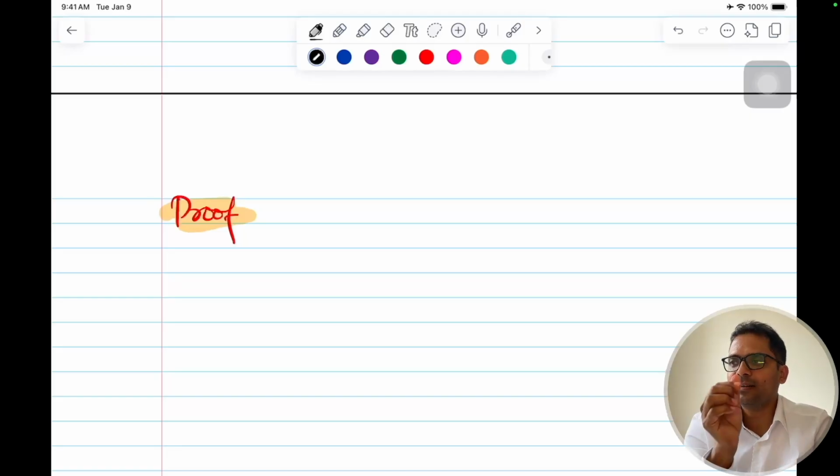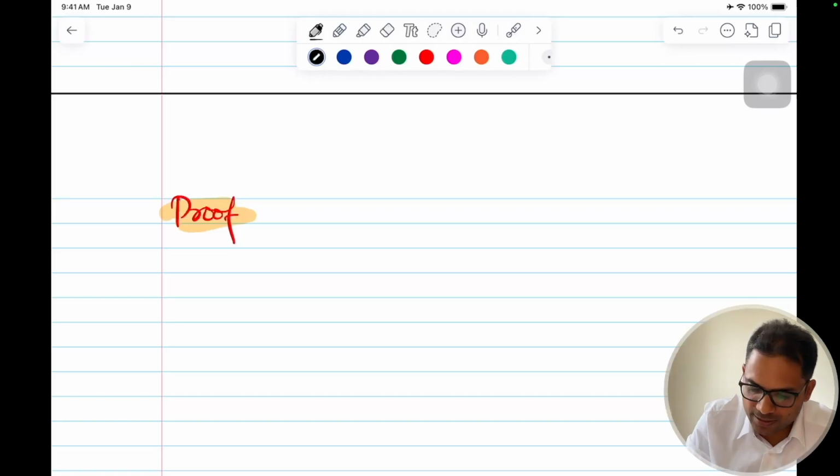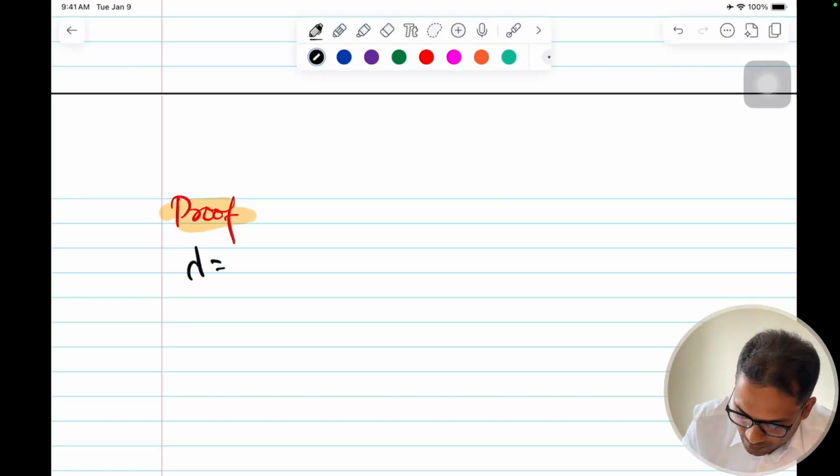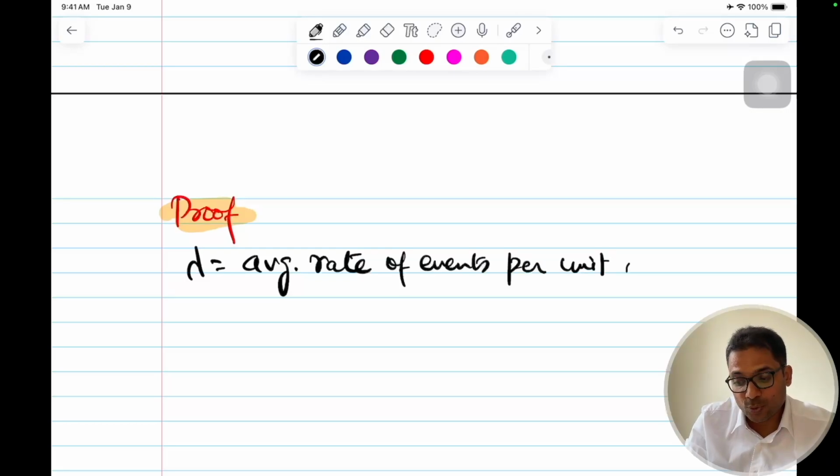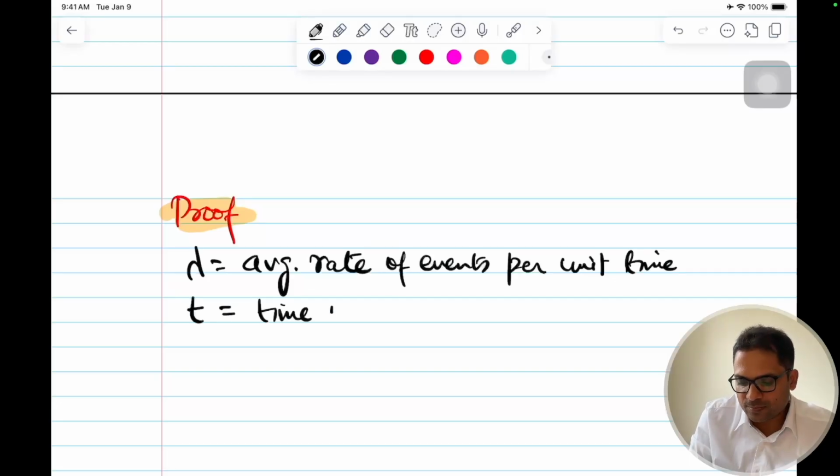So now we are saying that the average rate of observing events per unit time is lambda. So lambda is the average rate of events per unit time, and what is my time interval? So this is the time interval.